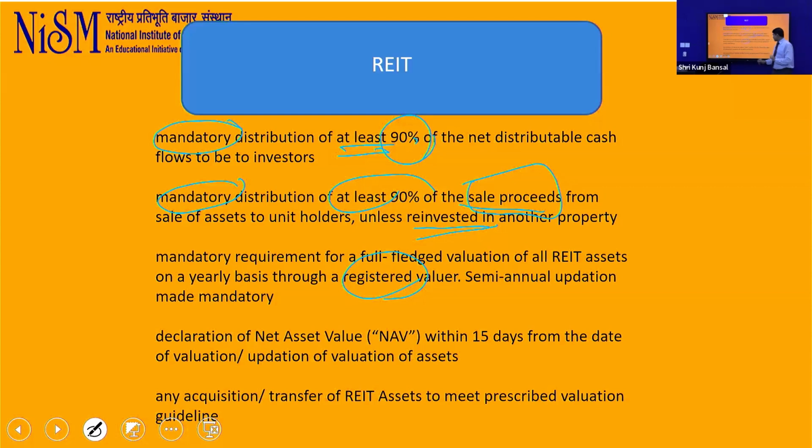So that's the answer. Again, coming back, declaration of net asset values within 15 days from the date of valuation, and any acquisition or transfer of REIT assets must meet prescribed valuation guidelines. This is how investor protection by regulation has been ensured, has been given teeth.